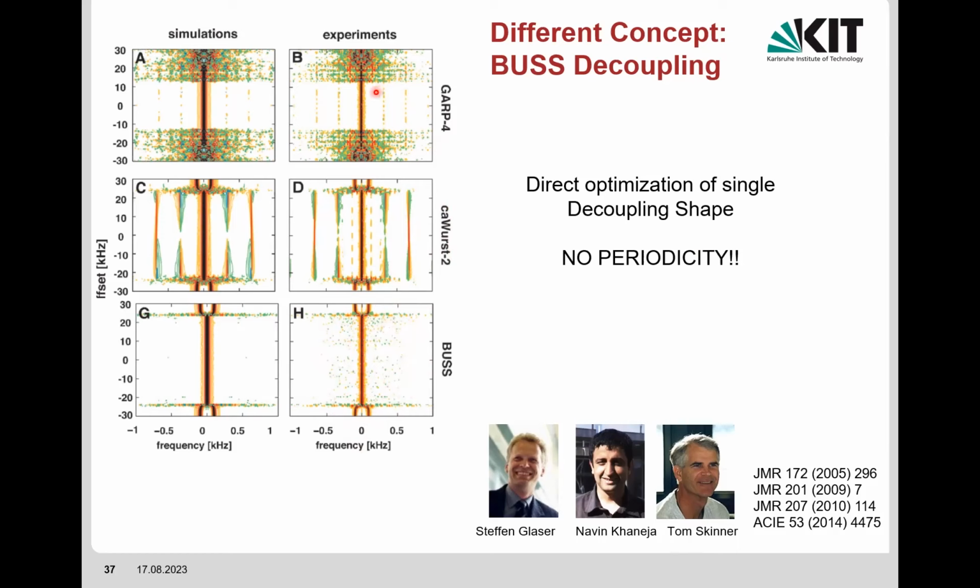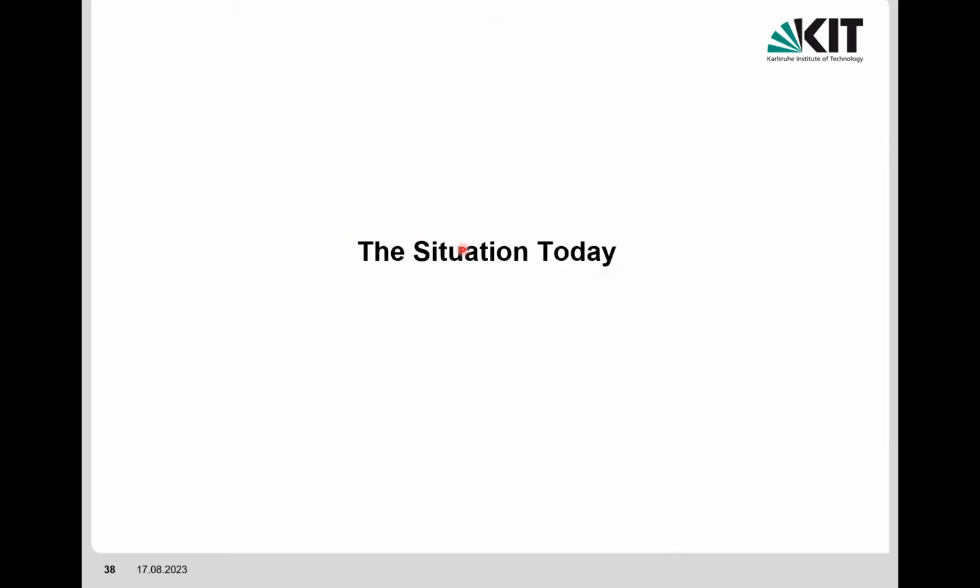And also in GARP, you see these sidebands, just to mention. But in Wurst, they are the worst because the Wurst pulses are relatively long. And what I told you in the beginning, it's simply that if you have a long pulse, then the sidebands increase.